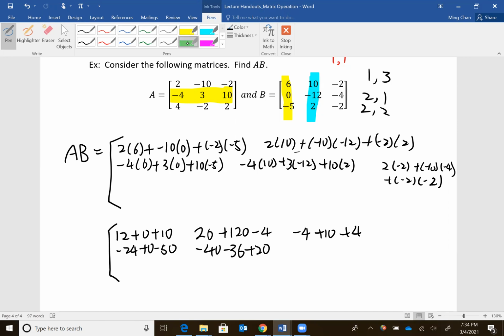Last one for this row: -4 times -2 plus 3 times -4 plus 10 times -2. So that should give me 8 minus 12 minus 20.